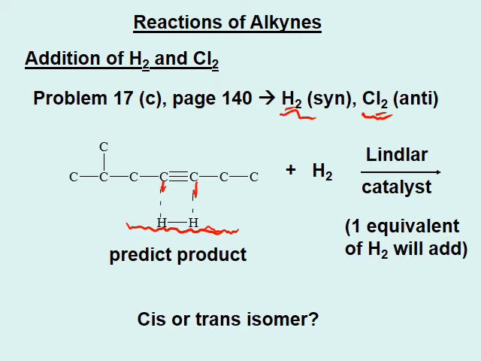So whenever there is a possibility of cis-trans isomer formation, you're going to get the cis isomer in this case. Now these are the groups bonded to the carbon-carbon triple bond, and others are hydrogen. So they would be on the same side, and that's why it would be a cis isomer.